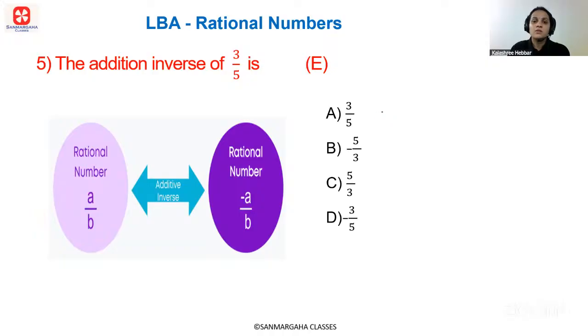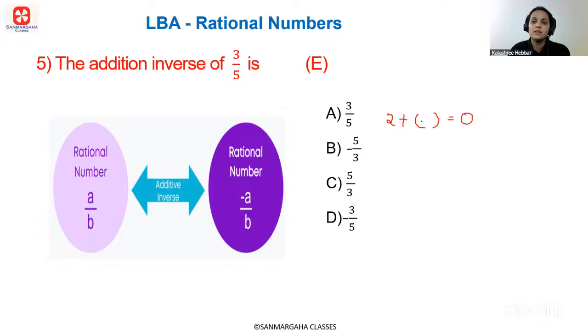The additive inverse of a number is a number that gives 0 when it is added. Say for example, if you have 2, and you add some number here, you get the answer as 0.